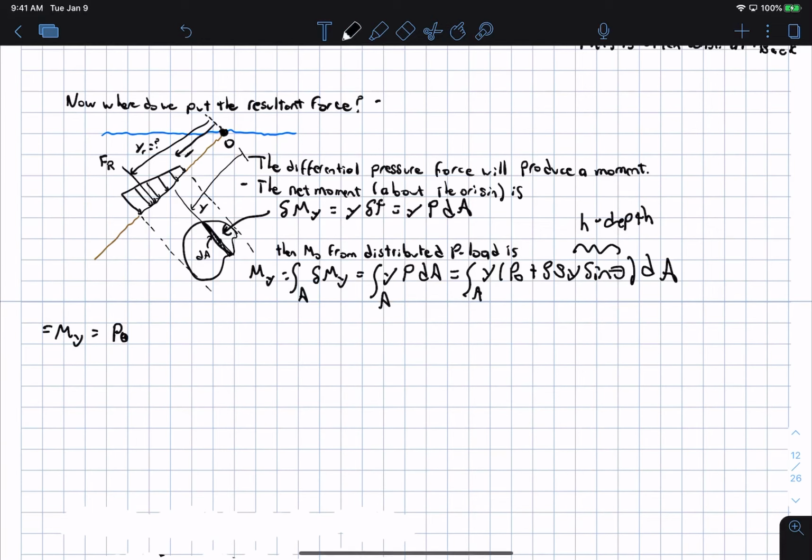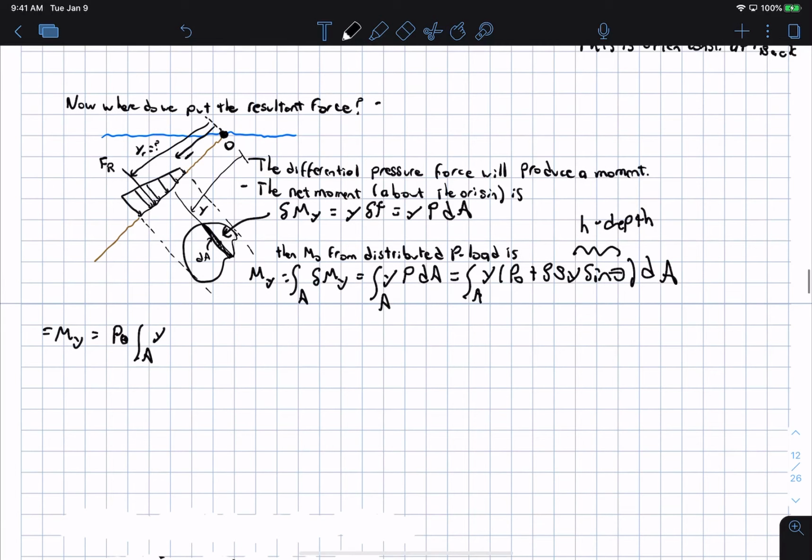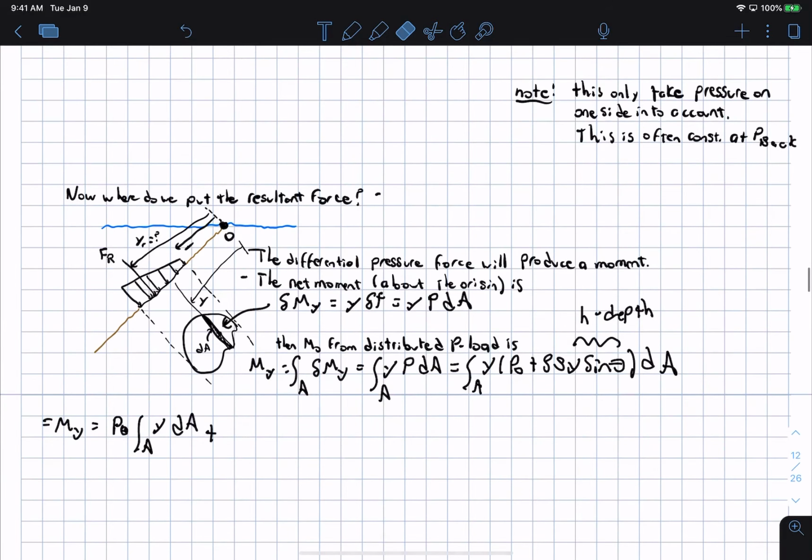P naught times the integral over the area of y dA, plus the integral over the area, and I'm going to pull out of the second integral the rho g sine theta, because we're assuming all of those are constant. Rho g sine theta times the integral over the area of what's left, so that would be y times this y here, of y squared dA.